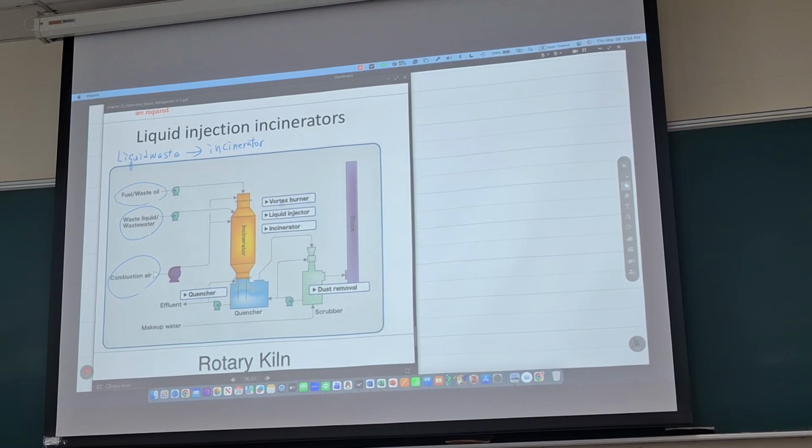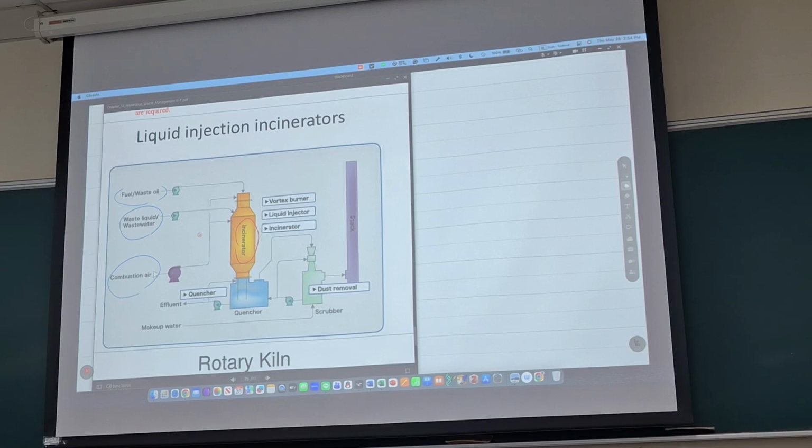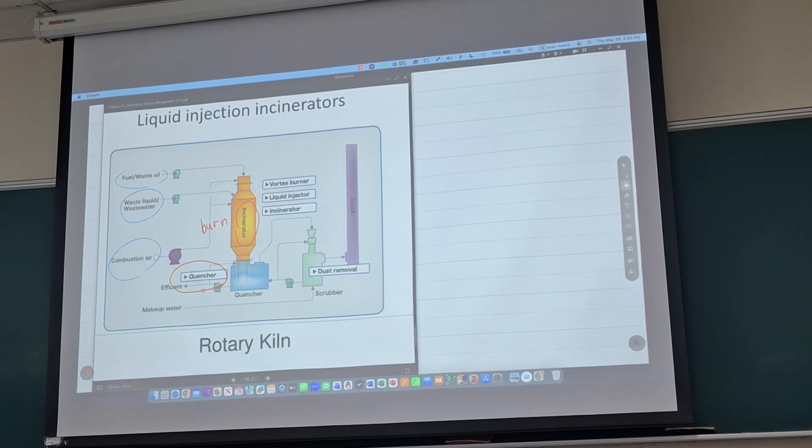The purpose of this incinerator, of course, everyone knows, is to burn the waste. And there is another one called the quencher. So liquid waste enters the incinerator, and after that it proceeds to the quencher.